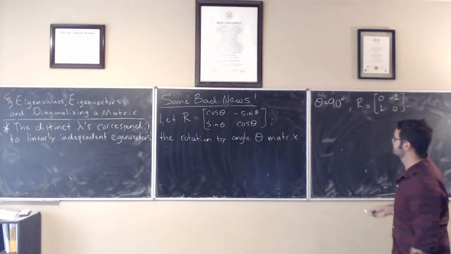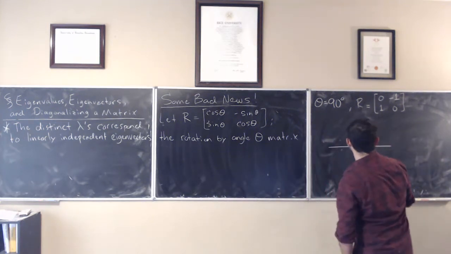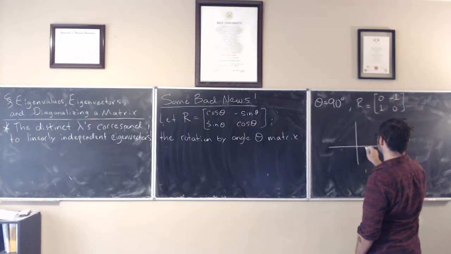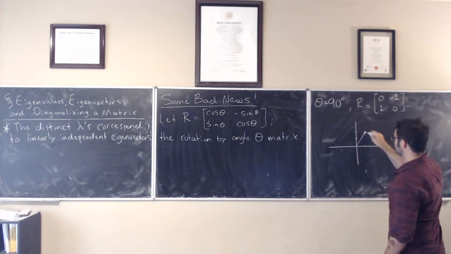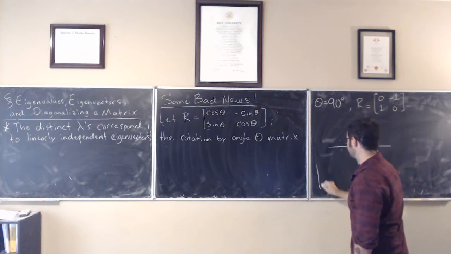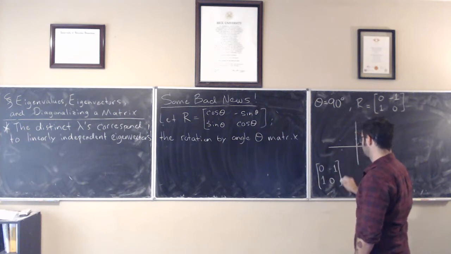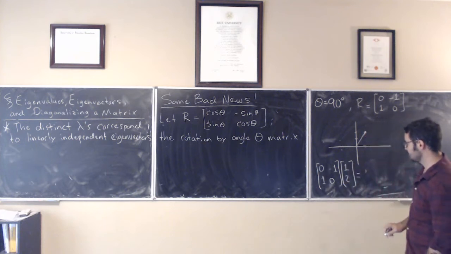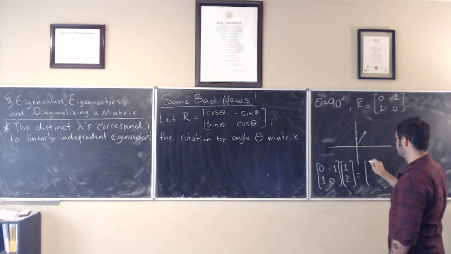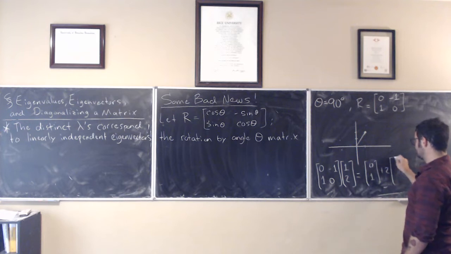So what do I mean by rotation? Well, let's look at the vector 1, 2. There's a vector 1, 2. And if we multiply it by this matrix, what happens? Well, 1 times that column, so 0, 1, plus 2 times -1, 0.